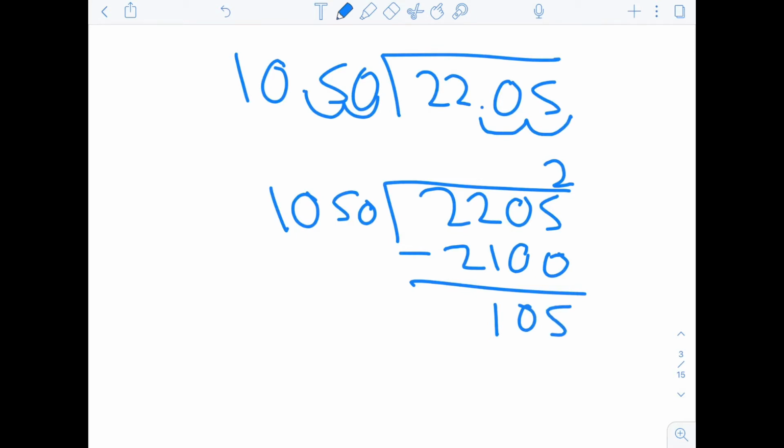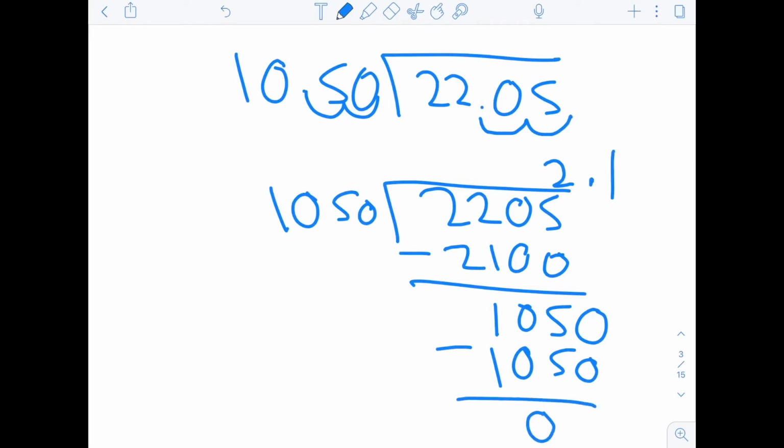It can't go into 105, so we're going to add the point and add a 0 to it. And it goes into 1050 once, and when you subtract, now you have 0 remainder. So the quotient is 2.1. I'm not really going to get into the process of long division, because if you're a high schooler, you're pretty much just going to use a calculator.